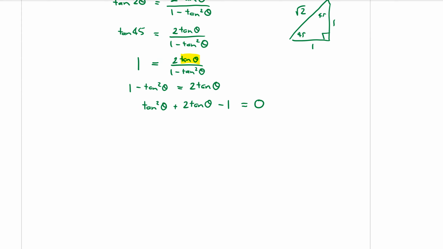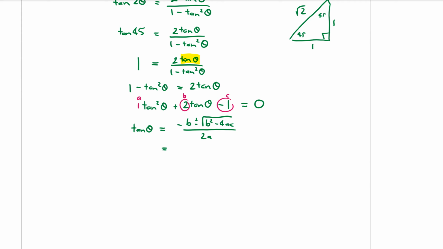So instead of saying x equals minus b plus or minus so on with the formula, it's going to be tan theta equals, and the a, the b, and the c is going to be, a is going to be the 1, that's imaginary here, b is going to be the 2, and c is the negative 1, subbing that into the quadratic formula. So just in case you've forgotten, minus b plus or minus big square root sign b squared minus 4ac over 2a.